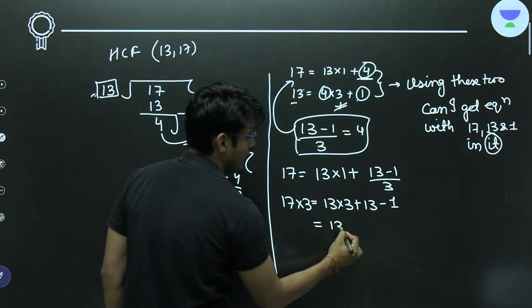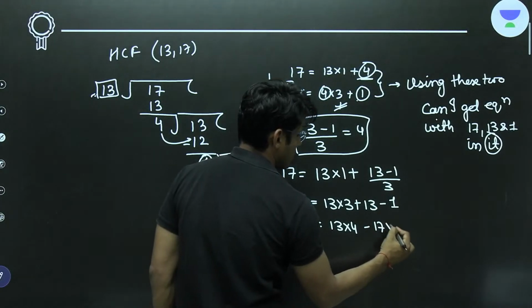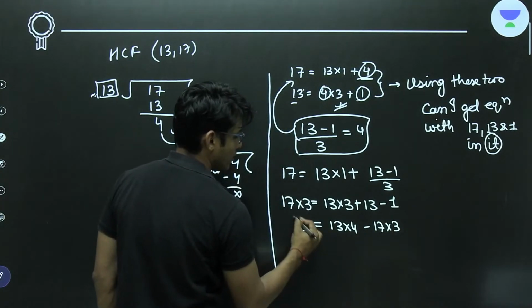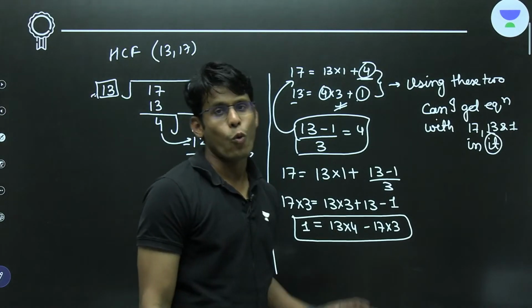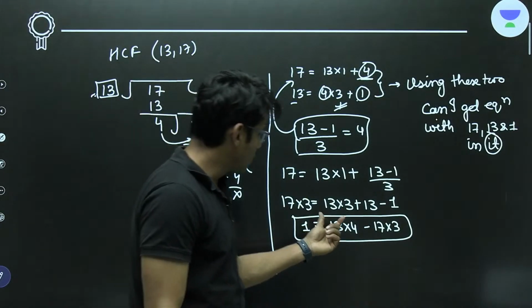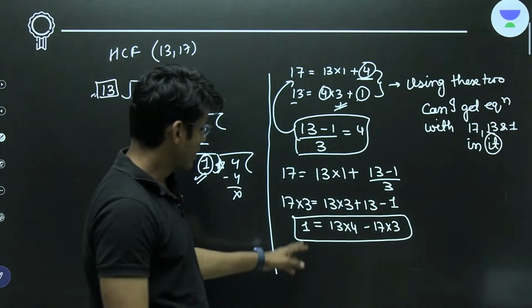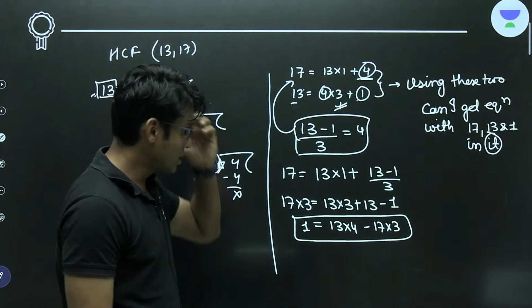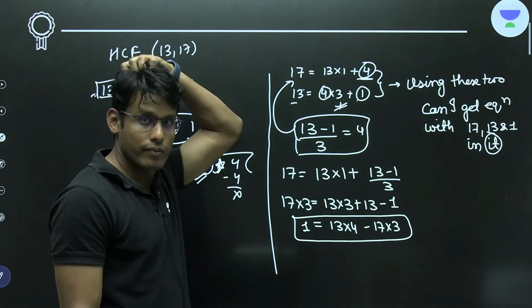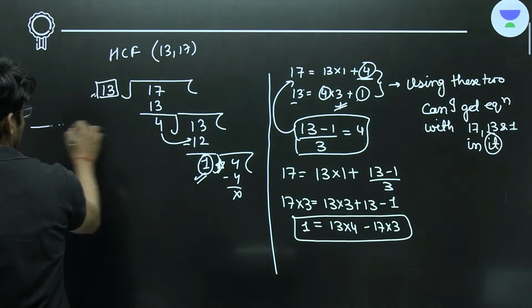So you have 13 times 4 minus 17 times 3 equals 1. Right? But sir, how will we be able to solve it using this? We had 1, 1, 1 here. Right? This is a problem. Let's solve it, but we'll do it in a next page.